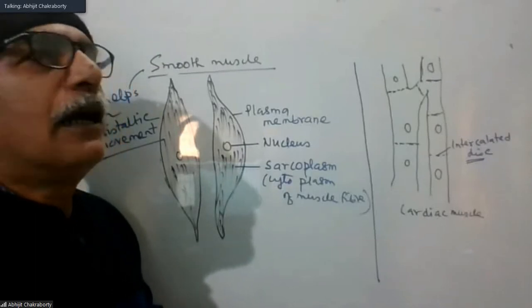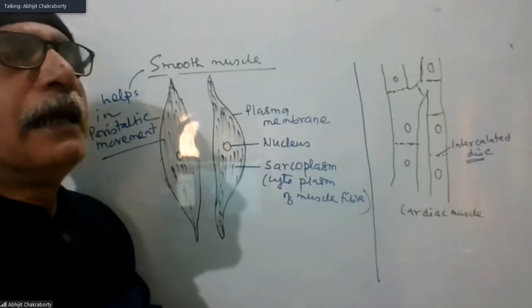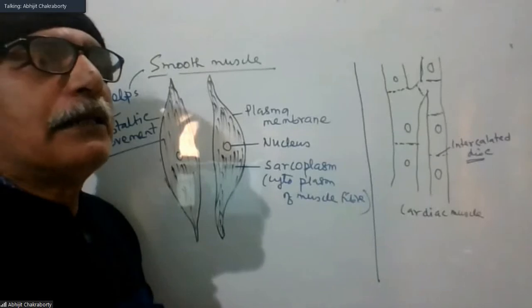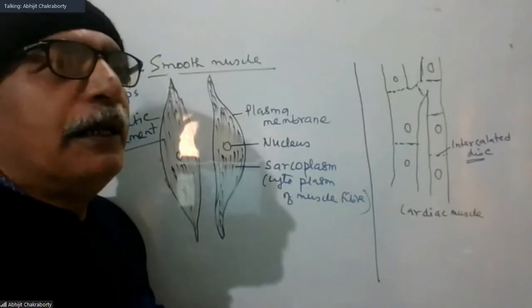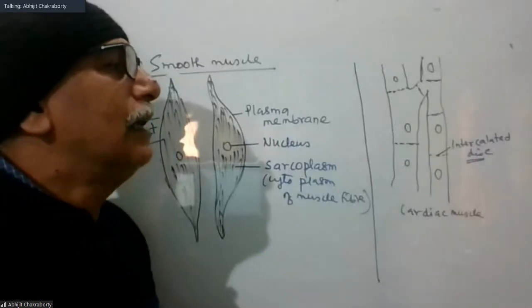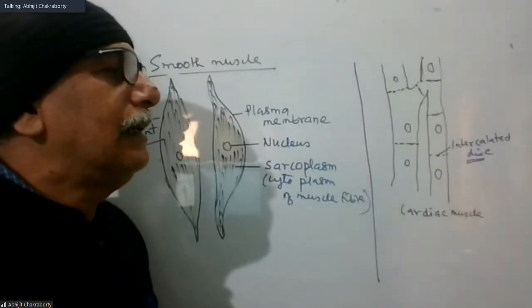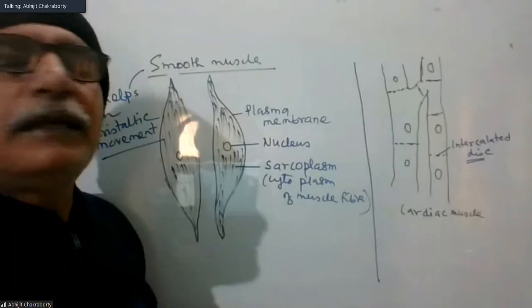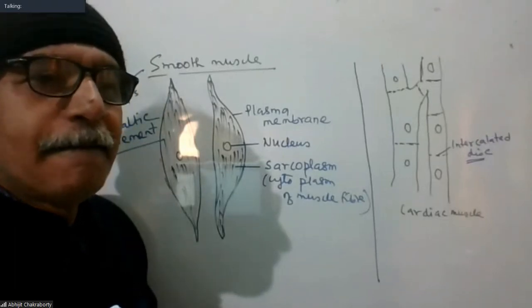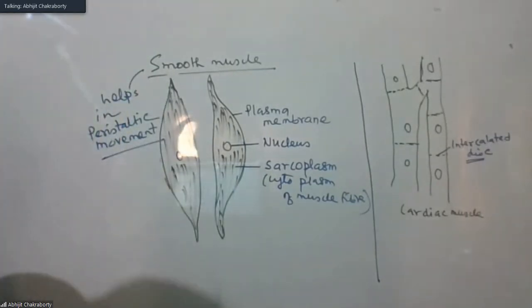If they are to behave as a single unit, then only can the impulse be propagated smoothly and uniformly through the cardiac muscle, which is very much required. That's why intercalated discs developed in cardiac muscle. Clear? Is it clear to you? Yes, sir.